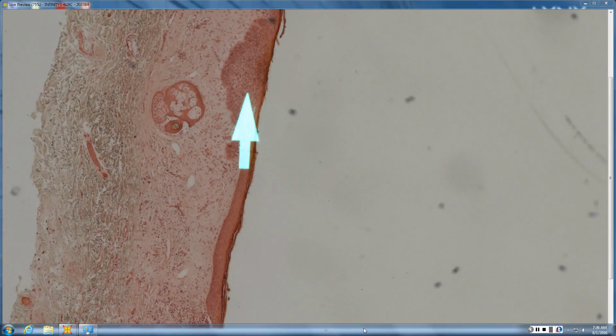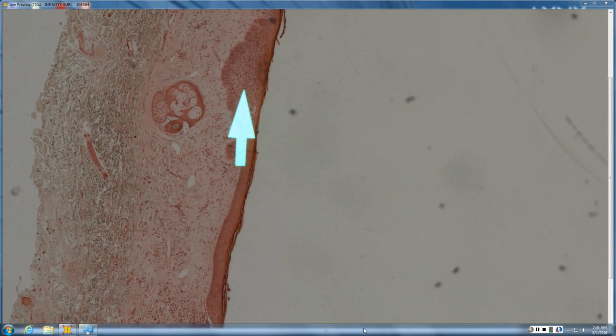In 3 dimensions, it's like a garland, but in 2 dimensions, it looks spotty and multifocal. And so you follow the stroma to the edge. In this case, the stroma probably ends about there, so we're fine on this edge. Very good.